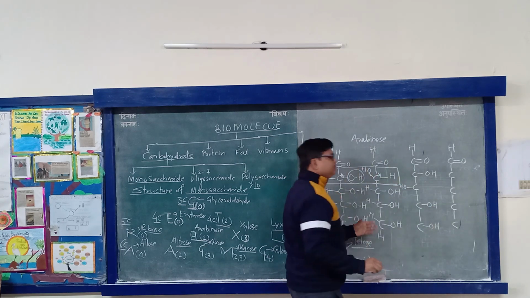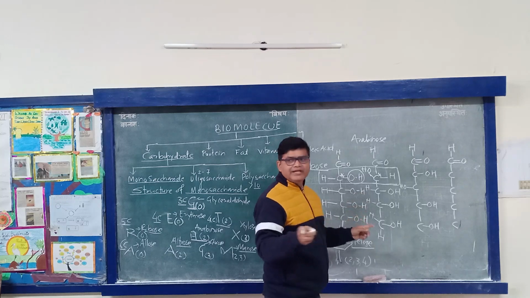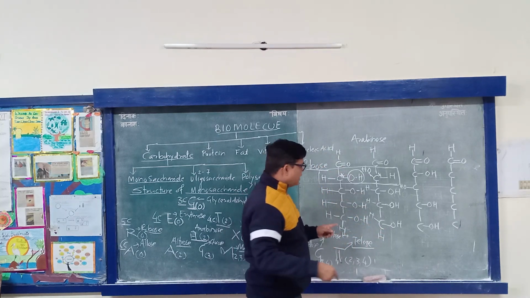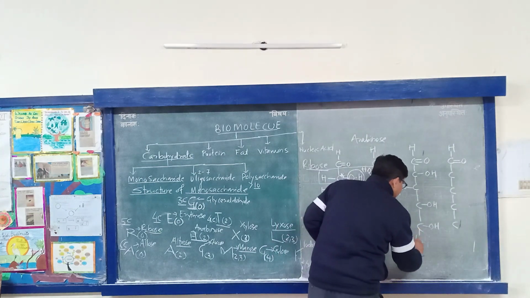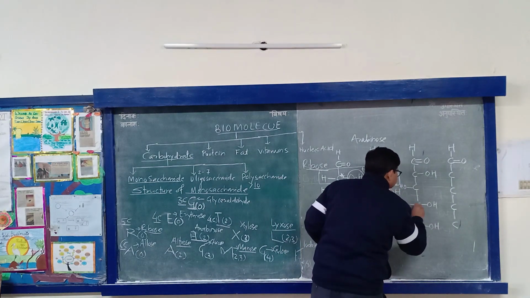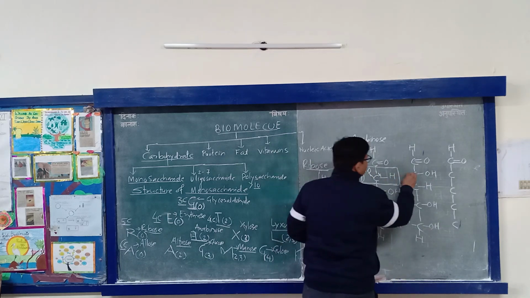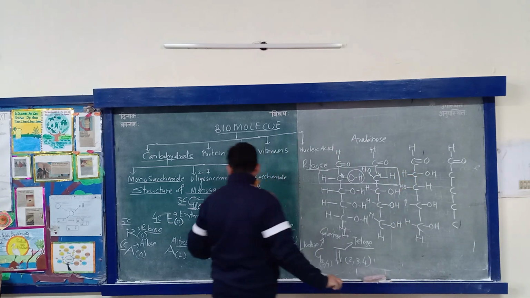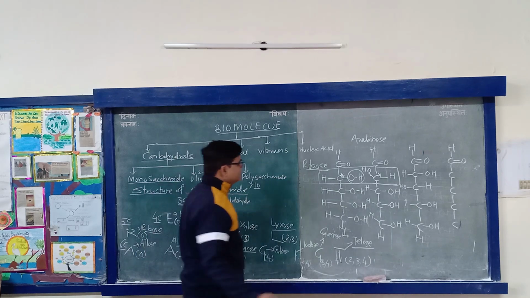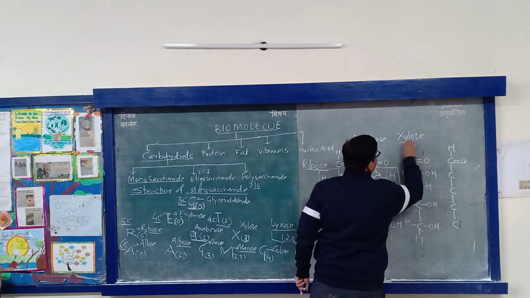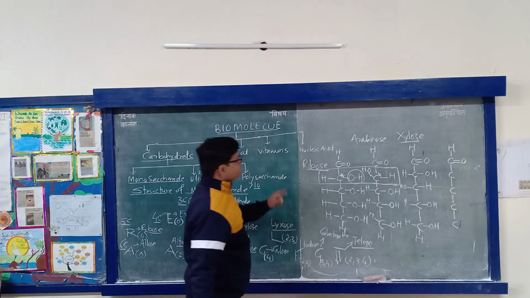Then you have to fulfill the valency on each carbon. Okay, so this is the chemical structure of xylose. Xylose is a 5 carbon containing monosaccharide.